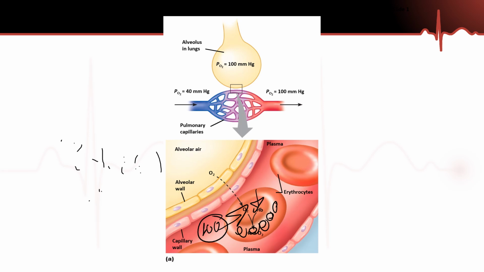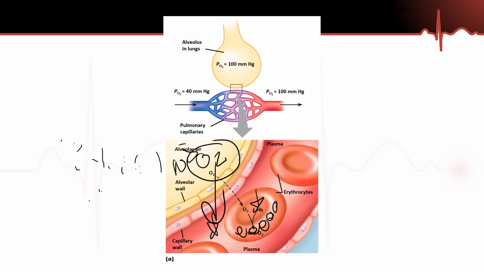And as the oxygen moves from the blood plasma into the intracellular fluid of the red blood cell, the partial pressure of oxygen within the blood plasma will fall. That allows more oxygen to come from the air in the alveolus into the blood plasma. It creates a gradient. The partial pressure of oxygen within the air in the alveolus would be greater than the partial pressure of oxygen within the blood plasma.